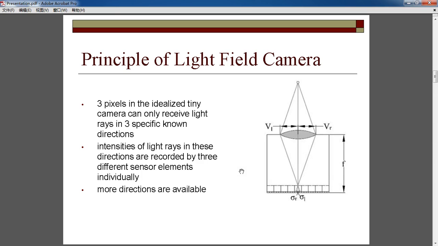The intensities of light rays in these directions are recorded by 3 different sensor elements individually. Each sensor element, say R, C, L respectively, is related to a known direction. This is the major improvement compared with regular cameras: the intensities are not summed up, and we have directions. By simply packing more pixels inside one tiny camera, more directions are available to us.